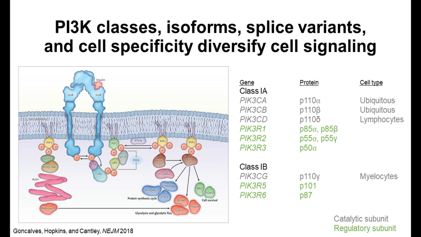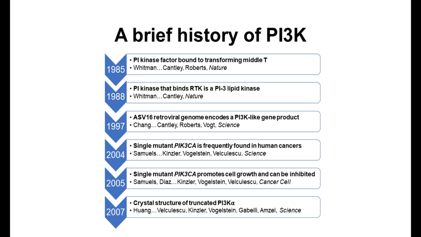Adding to the complexity, the alpha and beta PI3 kinase complexes are expressed in all cell types, while gamma and delta are primarily restricted to immune cells, delta in lymphocytes primarily, and gamma in myelocytes primarily. And together, these different isoforms, splice variants, and cell types help diversify cell signaling through the PI3 kinase pathway.